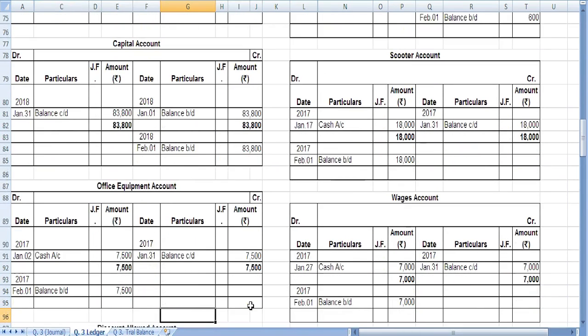Next we have office equipment. Office equipment, to cash 7,500. This side was nothing, so to balance this side we have to write down 7,500.